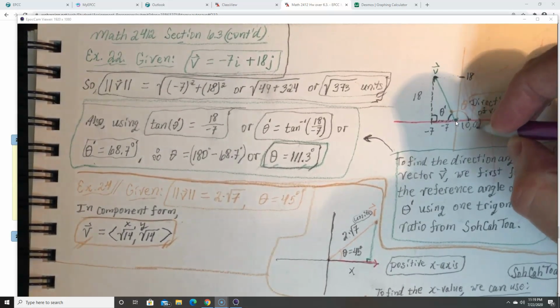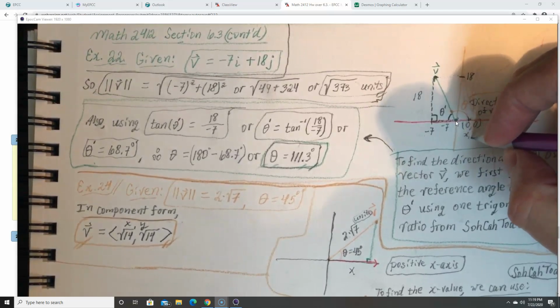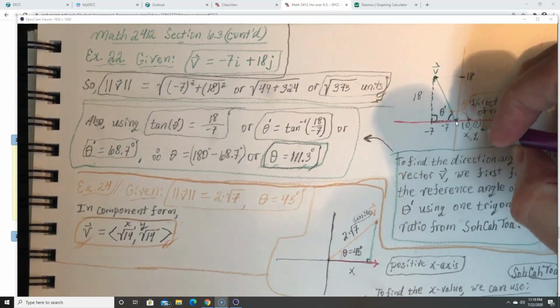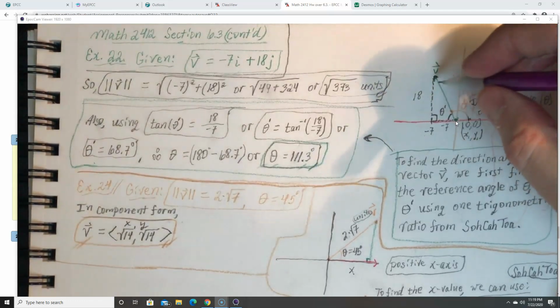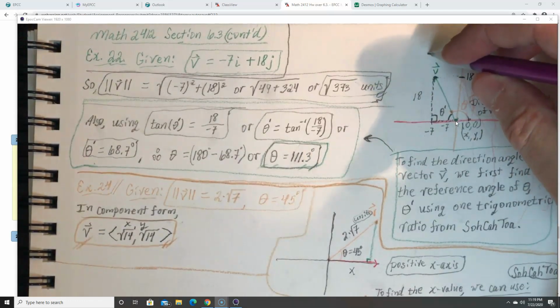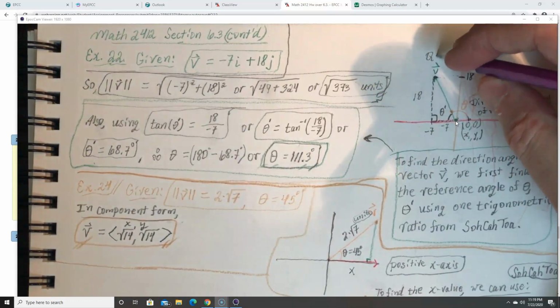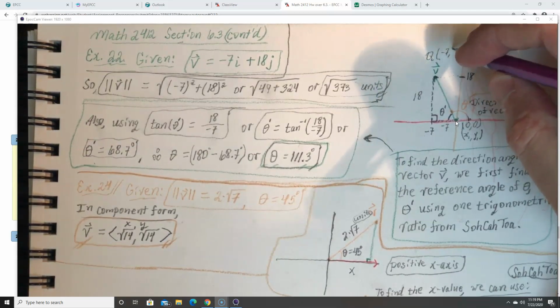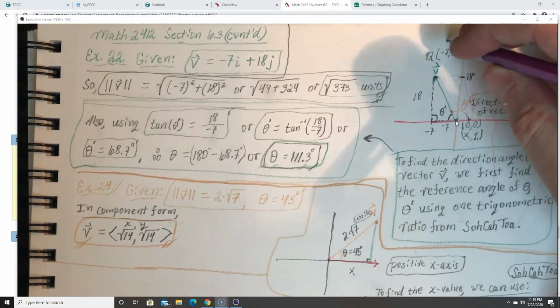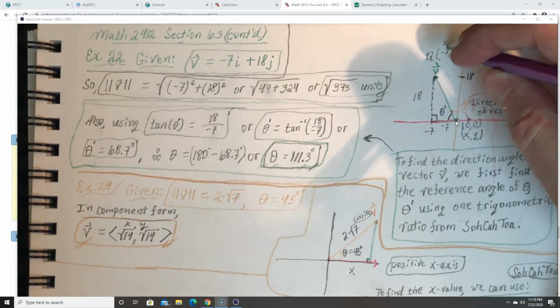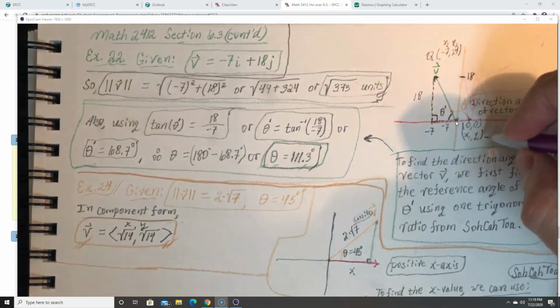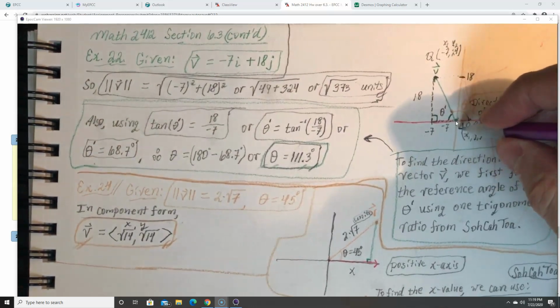But whatever you like in terms of your comfort level, this point up here, say it's point Q, is negative 7, comma 24. And this would be your second x value, your second y value, and this would be your first one, and this could be point P.